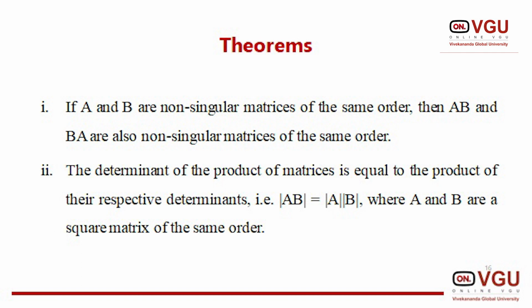Although AB and BA are not equal in general, we can find both, and the resultant matrix will be non-singular. The determinant of the product of the matrices is equal to the product of their respective determinants.